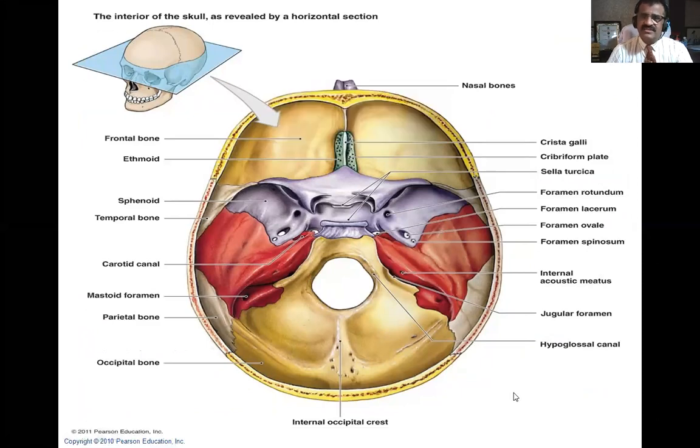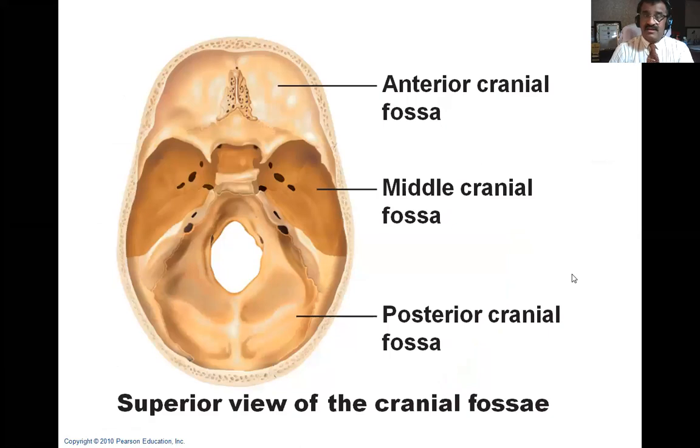So these things are actually asked in the viva practical examinations for demonstration, and that is why every part is important for you. Well, only about cranial fossae. If you see, this picture is a very good picture. The interior view of the skull from above, you get three fossae on each side.